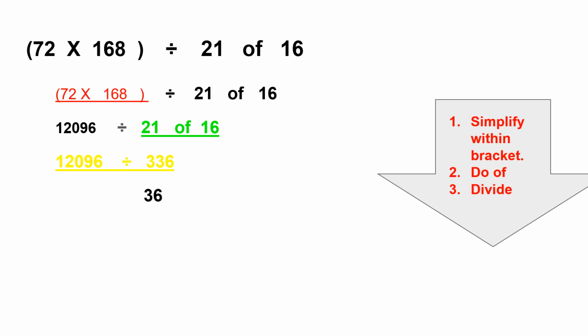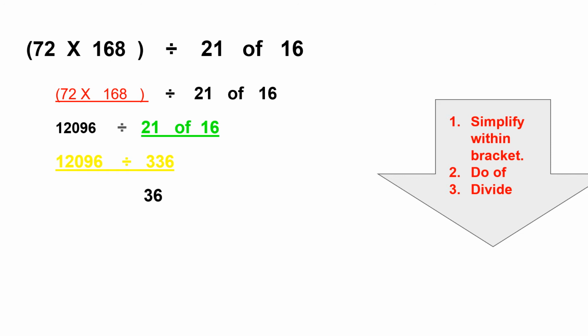Now children, see next example. 72 multiplied by 168 divided by 21 of 16. First of all, open the bracket. This is the ODMAS rule, okay? Sorry, it is the BODMAS rule, bracket open, okay?